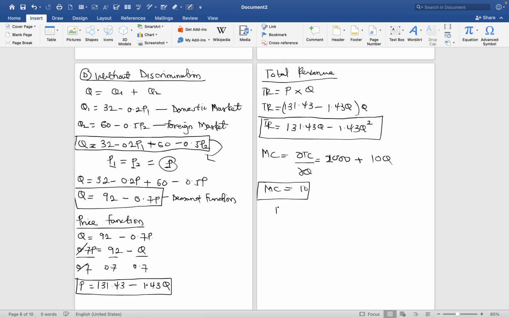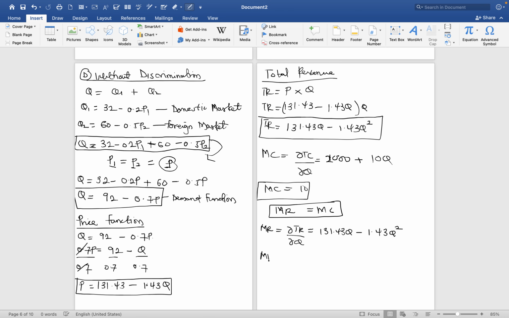So we can find MR equal to MC, where MR is marginal revenue. We have to find MR. With marginal revenue, we find the derivative of total revenue with respect to Q. So total revenue, we had 131.43Q minus 1.43Q squared.